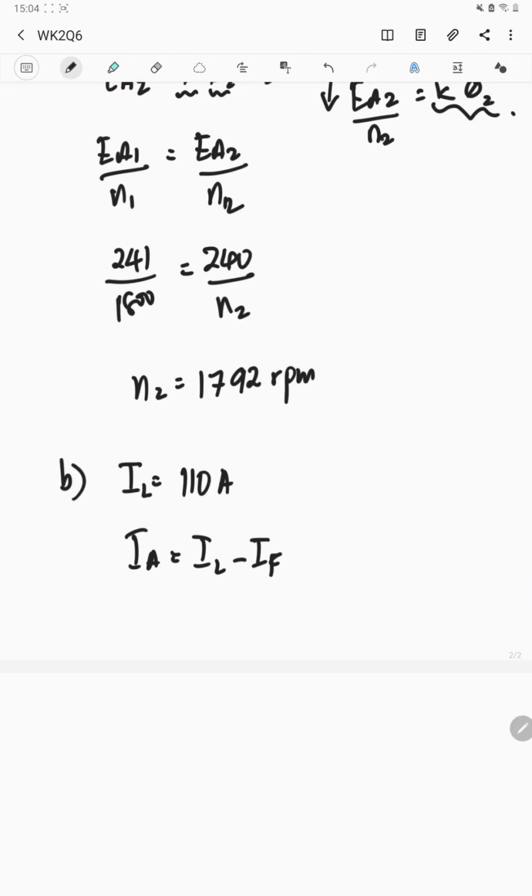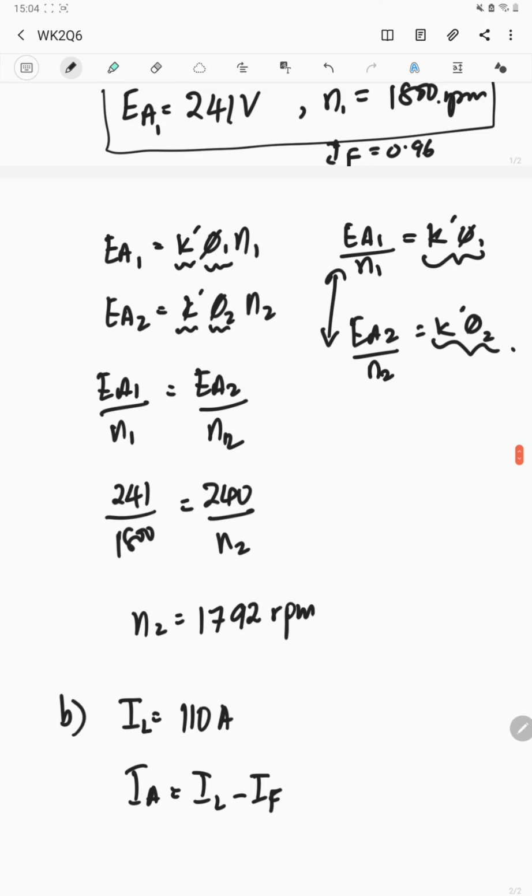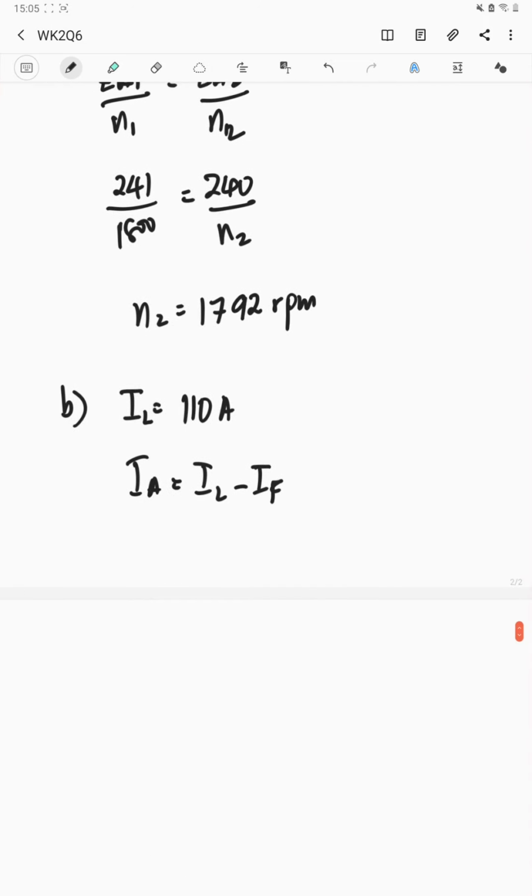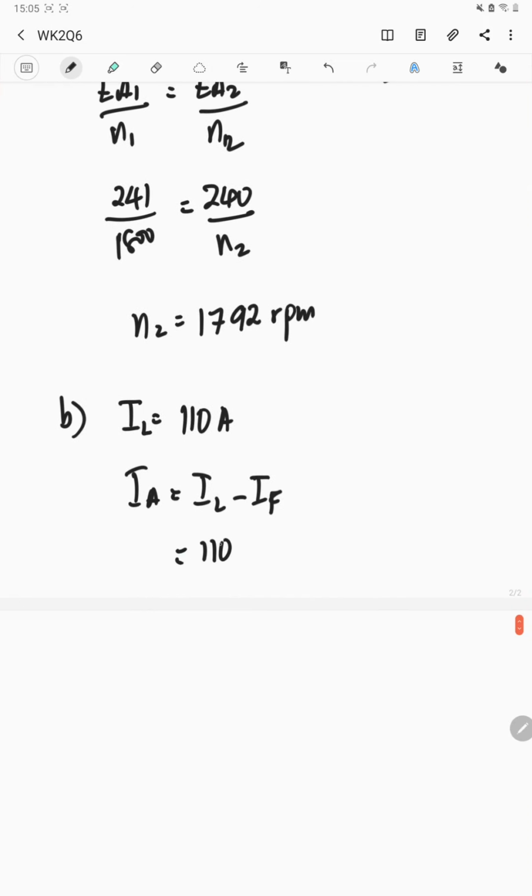Since IF right now is 0.96 ampere, 110 minus 0.96 will get about 109 ampere. It's point something, but you can approximate it to 109 ampere.